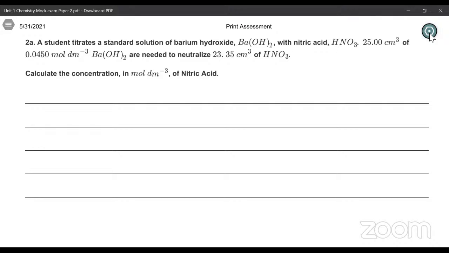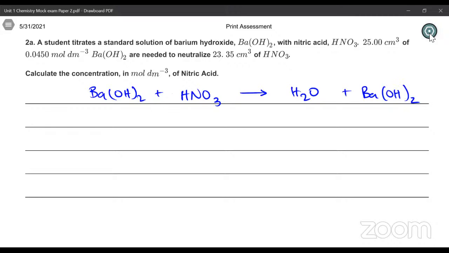So first, what you want to do is actually write your equation for this. All right. So what's happening here is we have barium hydroxide, Ba(OH)2, plus nitric acid, HNO3, yielding H2O, which is water, and Ba(NO3)2.